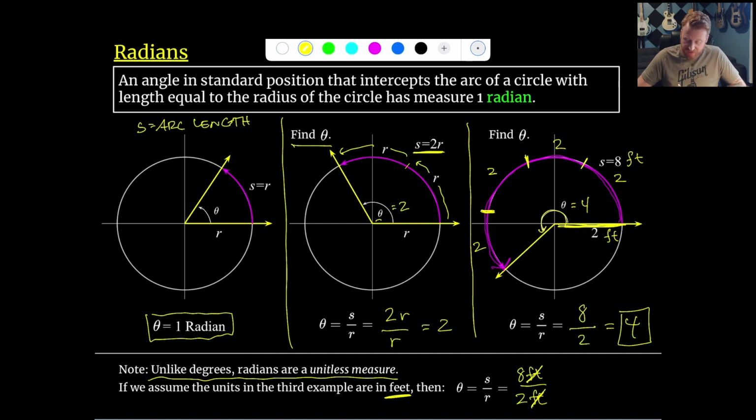Feet over feet would just give us 1. We don't need to write it. So this is going to give us 8 divided by 2, which is just 4. And there is no unit to write, like literally unitless. There is nothing to write next to it there. So hopefully that gives you maybe a little bit more of a convincing argument for why this would have no unit. But like I said, we're going to be using radians a lot more, and the fact that they have no units will be very helpful to us.